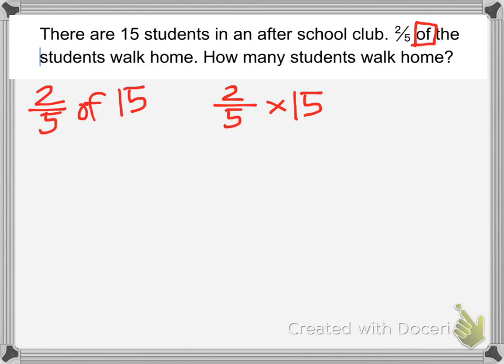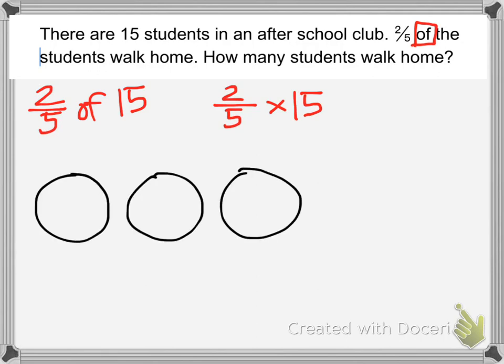The first way I can think about it is I need to know what 2 out of 5 groups of 15 is. So I can split 15 into those 5 groups. How do I know how many groups to split 15 into? Well, it's always going to be the denominator, the bottom number, of the total number of groups. So I can do this in my brain and just know what it is.